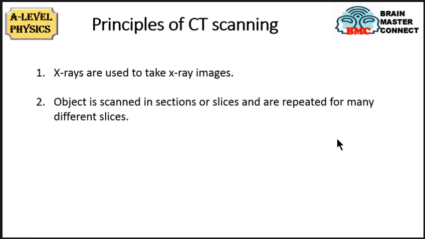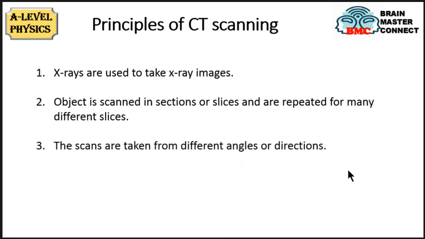Okay, so object is scanned in sections and are repeated for many different slices. Okay, the third principle, the scans are taken from different angles or direction, and I've talked about that, it is taken from angle 45 degrees.